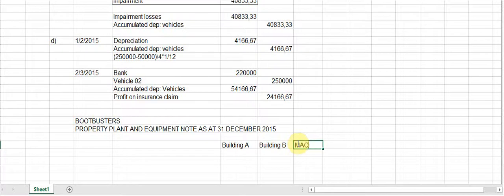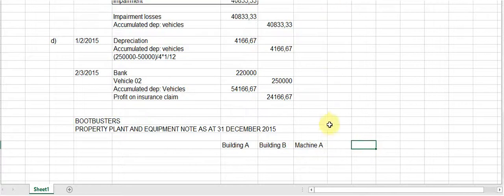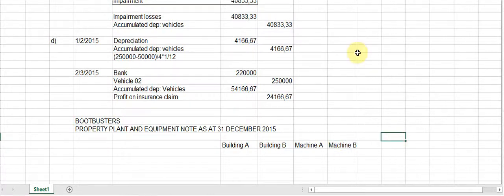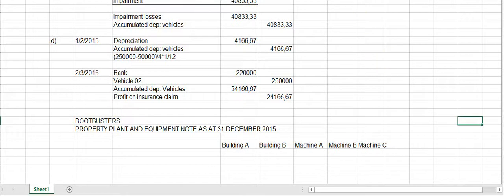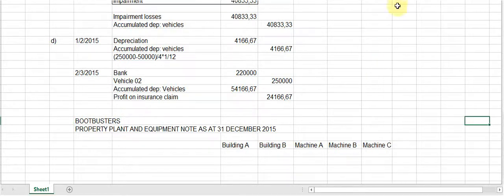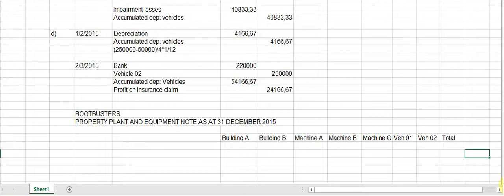We have machine A, machine B, and machine C. And we also had some vehicles, which was, I'm just going to call it vehicle 1 and vehicle 2. And we need a total column, of course. I'm just going to scroll up so that you can see properly.